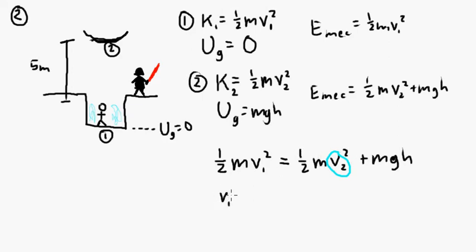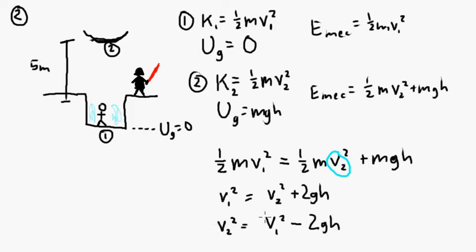So we get v1 squared equals v2 squared plus 2gh. And then what you'll get is v2 squared equals v1 squared minus 2gh. I'm just moving the 2gh around, flipping the sides, okay?